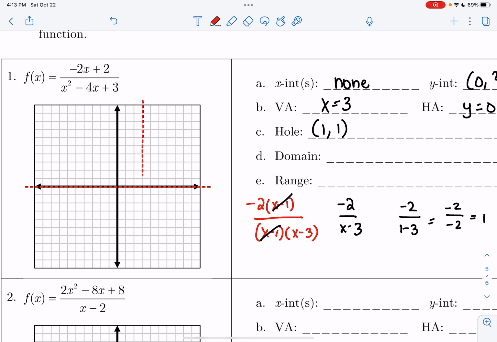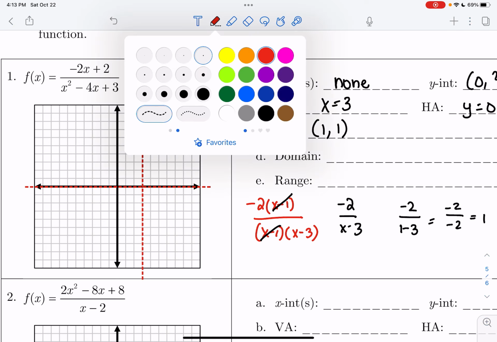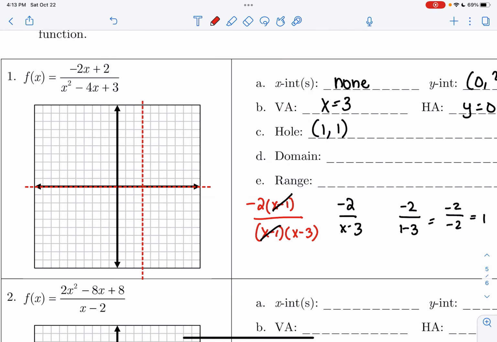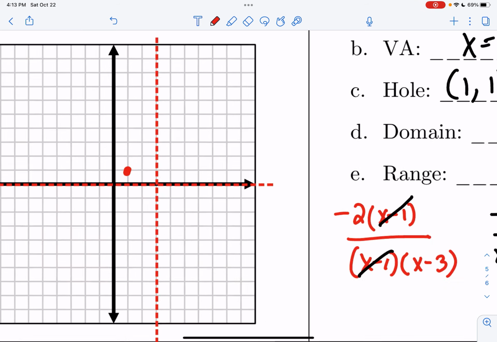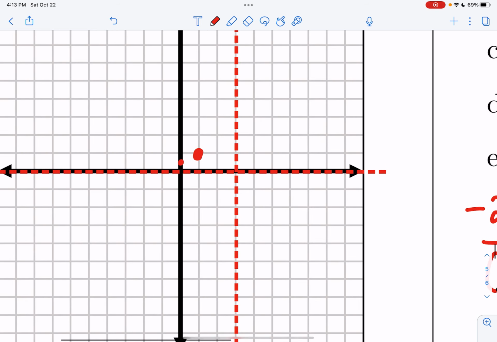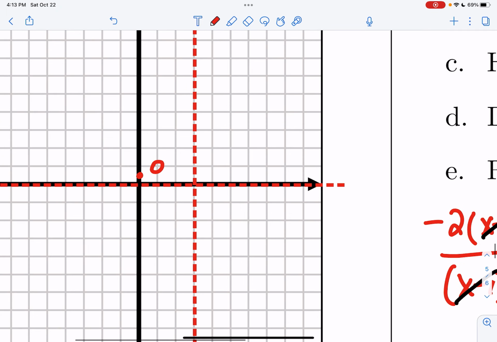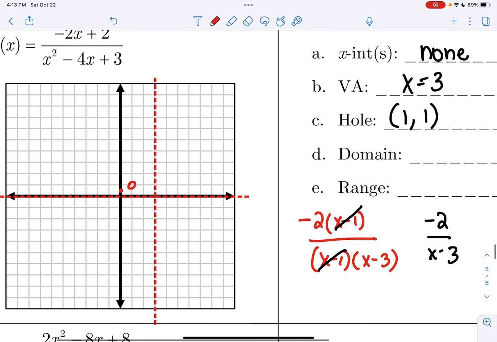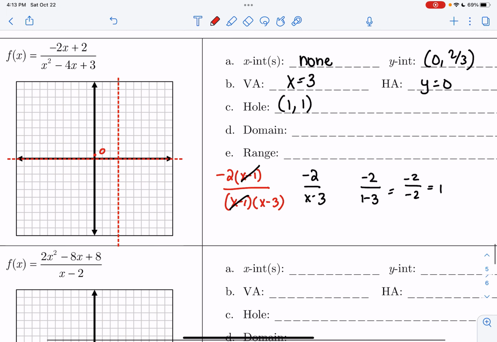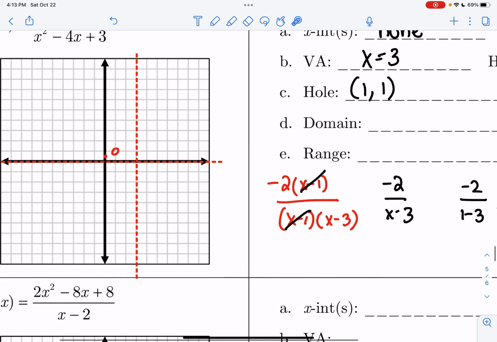I have a hole at (1, -1). And then I have a y-intercept at (0, 2/3). Oops. Your hole should be an open circle just because we can't include it. Because remember, at 1, it's going to be undefined. So that's one of your restrictions.